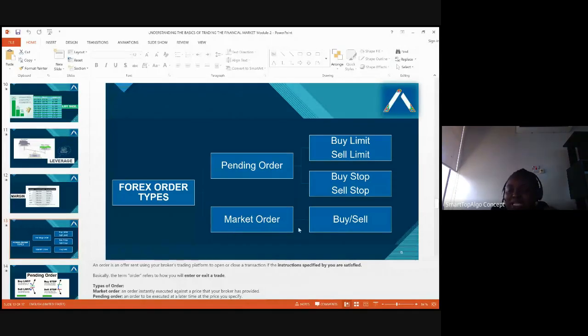Under the market order, it can either be a buy order or a sell order, an instruction to buy or an instruction to sell. But under the pending order, we have different types: the buy limit, the sell limit, the buy stop, and the sell stop.